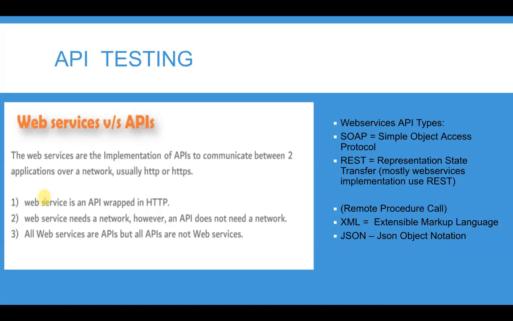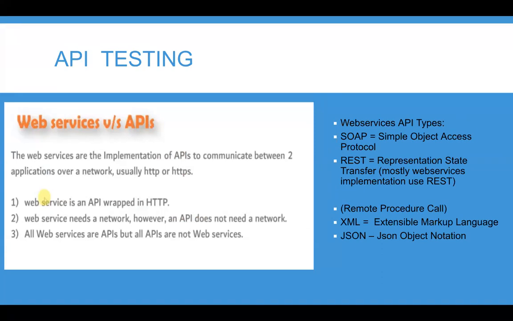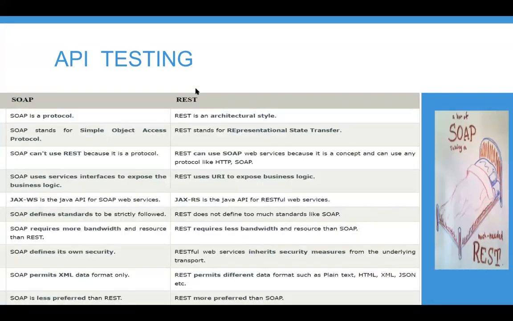Some web services make use of SOAP, some make use of REST, and all that. So that's just about that. If you look at these charts which I have here, it's a distinction, a differentiation between SOAP and REST.